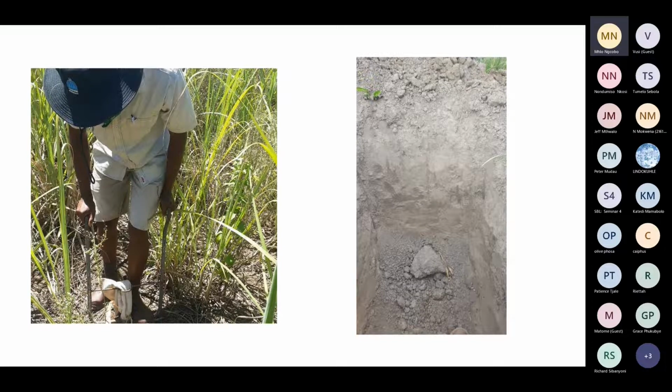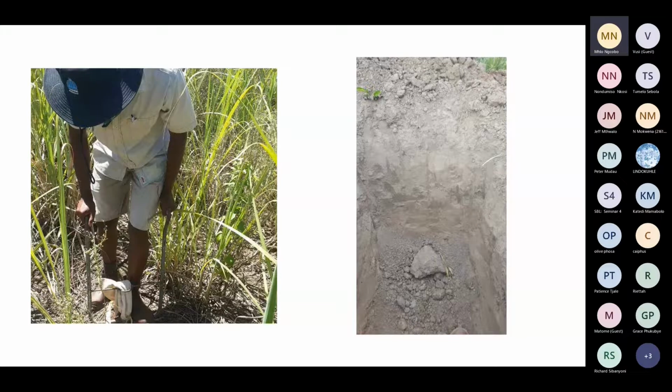And then afterwards, you do soil samples. The reason for that is so that you know what type of fertilizer to apply on that particular field. And then the soil classification also helps you to choose the right variety to put in the particular soil.